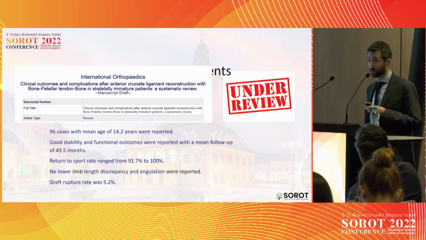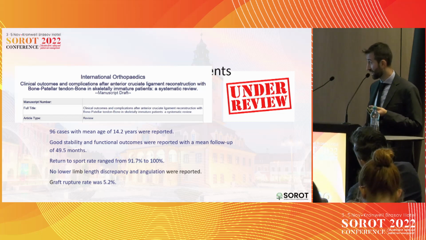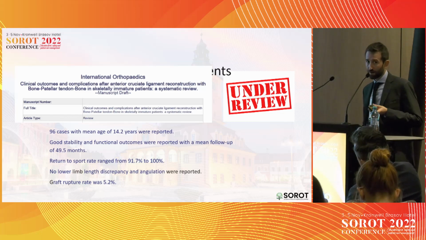In the literature, there are not such high quality studies, only case series, but of course the return to sport was high with a low rate of graft rupture and no lower limb discrepancy reported, but it is for Tanner 3 and 4, when the growth plate is closing.